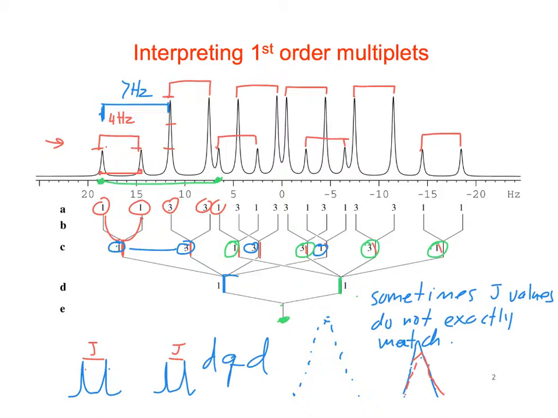So usually what happens, you can collect maybe 16K of data points. And that means that your FID is going to here, and maybe the total number of points is 16K.